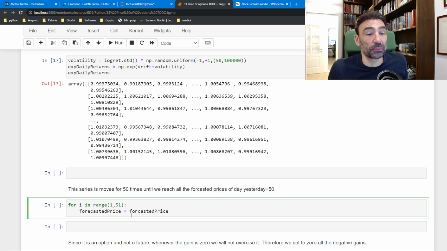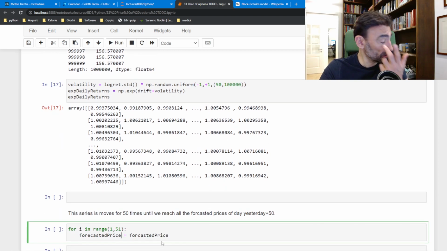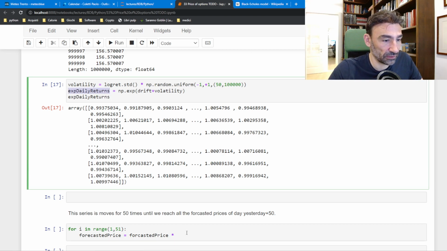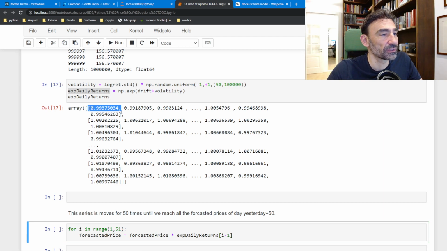Here I don't want to keep all the steps because it's too much information. So I simply go ahead and overwrite the old data. The only thing which changes every time is this one, i minus 1, because this one starts from 0, while the range starts from 1.